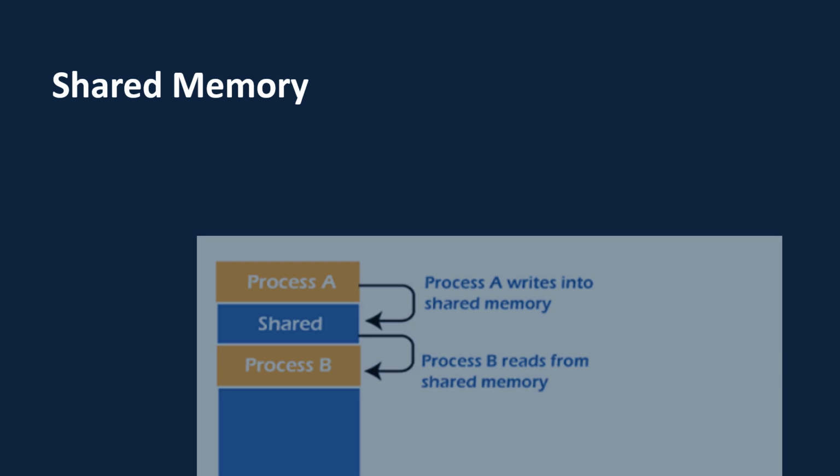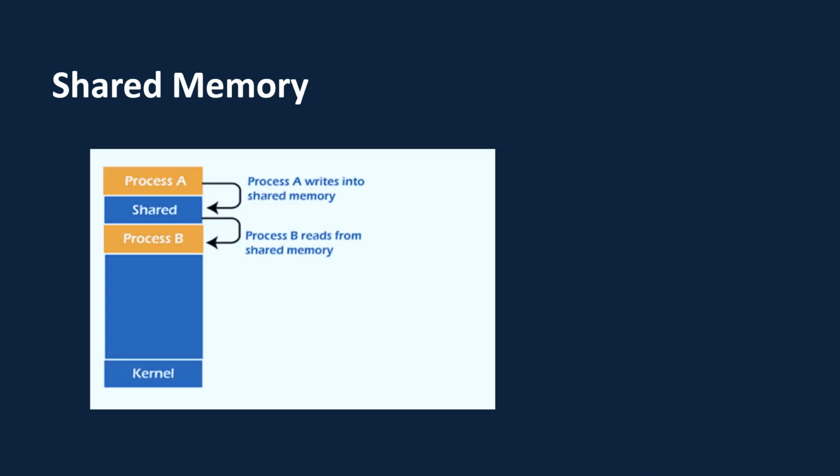Here is a diagram for understanding the shared memory model in a better way. So here there are two processes which you can see, process A and process B, and this blue region which is shared is the common memory space or region which processes A and B are sharing, and whatever data they need to share is kept in this region, and processes A and B can share or exchange their data with the help of this common memory space.